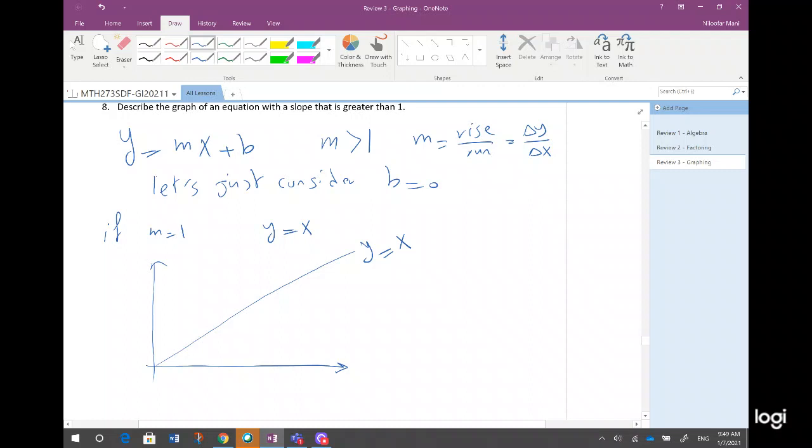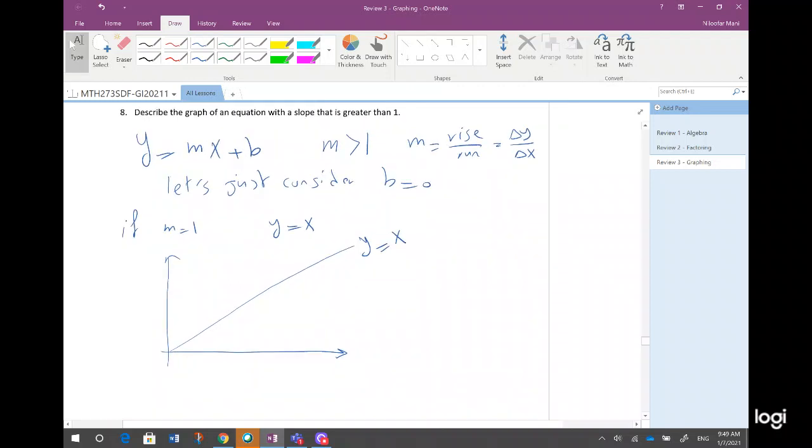Okay, how about if m is more than 1? If m is more than 1, it means rise over run is more than 1, so rise is bigger than run. So when I go to the right, I go more up. For example, m is 2. I go 1 unit to the right, I go 2 units up. So the line is just left of this line.